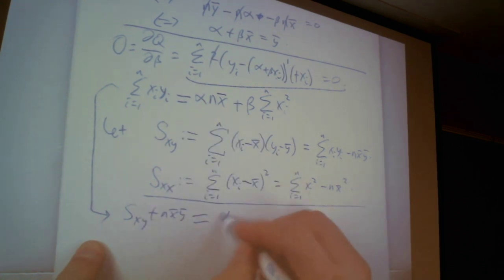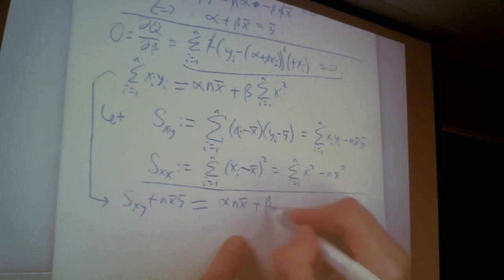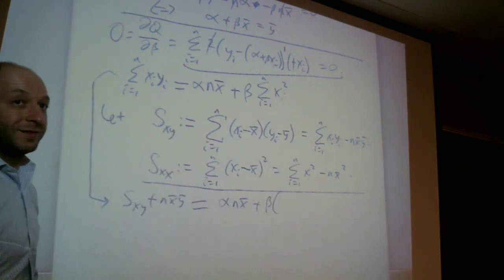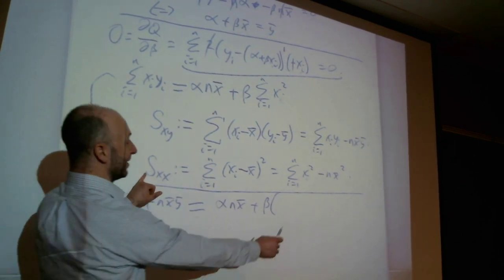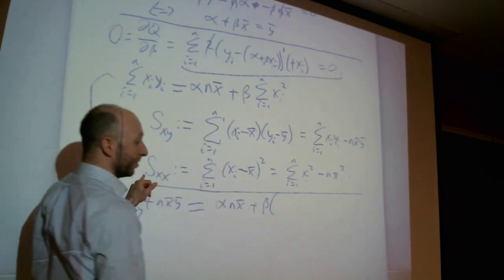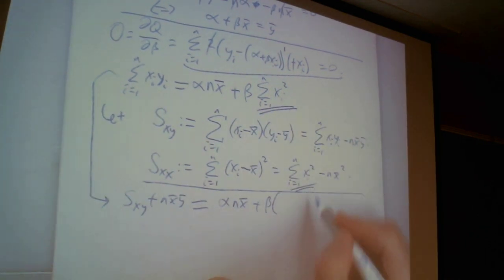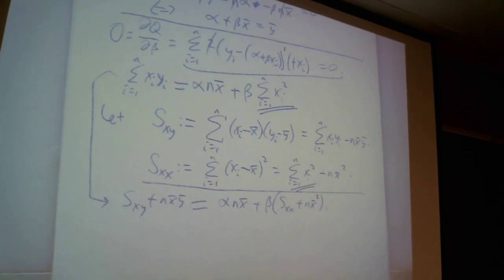On the other side, I have an alpha n x bar, nothing I should do about that, plus beta. And what is the sum of the squares of the xi's? Sxx plus n x bar squared. Everybody see that? So I'm replacing this with this. It looks like a complicated equation. We're going to see in a second what's going on.